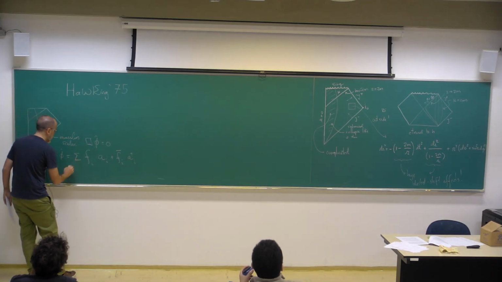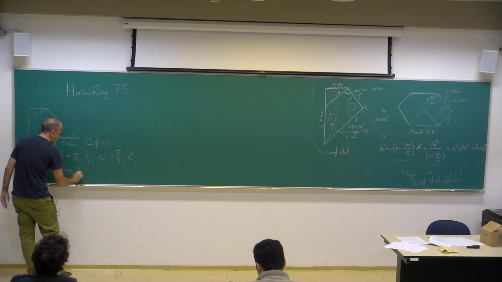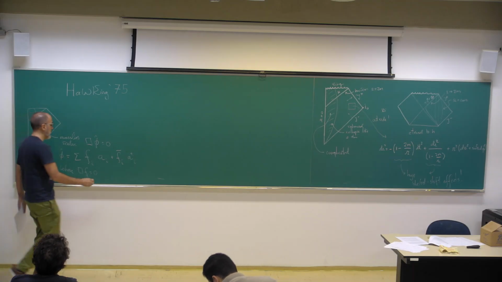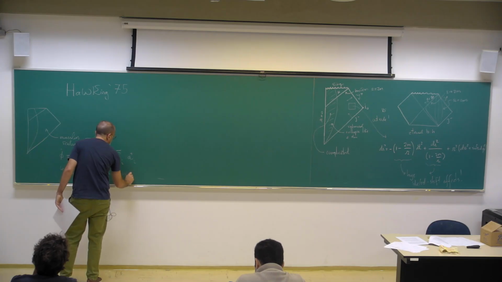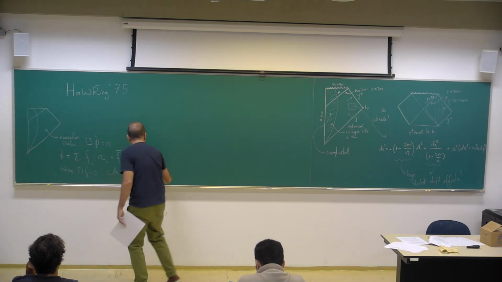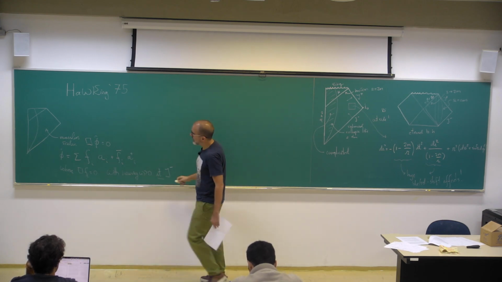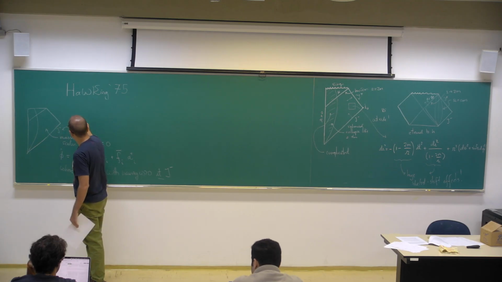Where, this is important, these f_i's also obey box f_i equals 0. They are the basis of solutions of Klein-Gordon with incoming positive frequency at Scri minus. So at Scri minus here, I am basically in flat space.